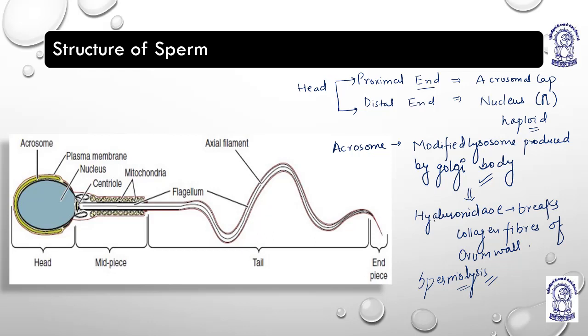Okay, now coming to next, I am describing the second feature, the middle piece. The middle piece has a centriole. This centriole is known as what? Proximal centriole. The proximal centriole helps in determination of the first cleavage.